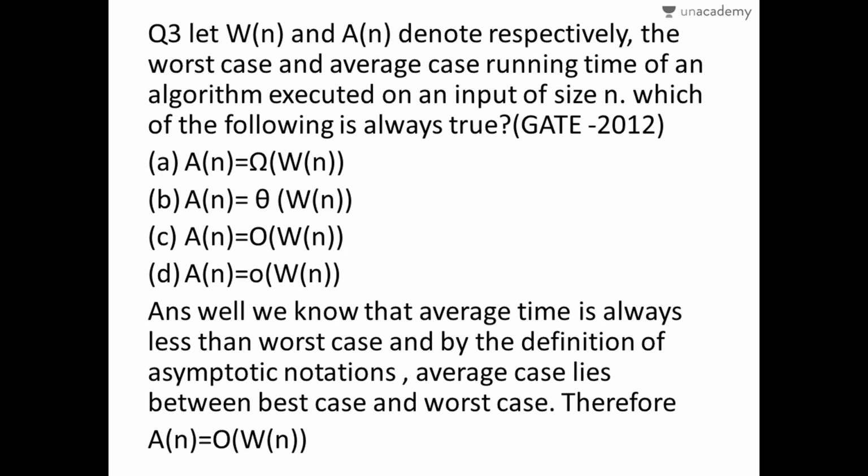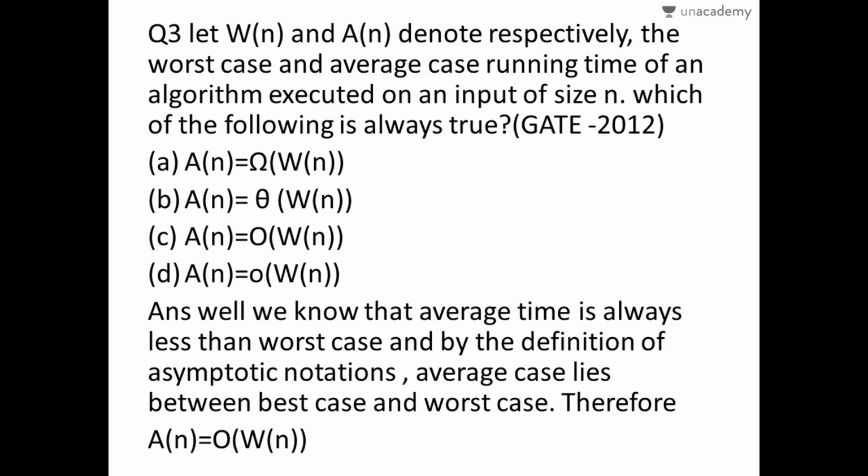Now if we look at the next option, it says let f(n) and a(n) be the worst case and the average case respectively. We know that the worst case is always greater than or equal to the average case.